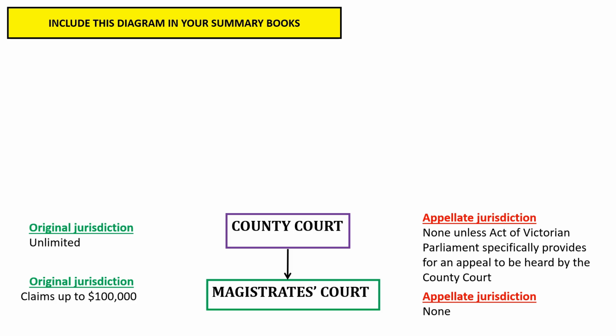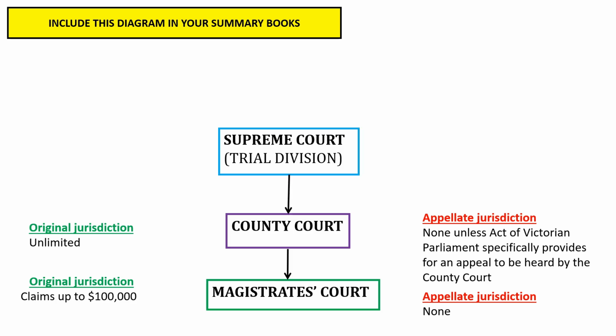We now come to the trial division of the Supreme Court. The original jurisdiction of the trial division in civil disputes is unlimited. That is, the trial division has the same original jurisdiction as the County Court in civil disputes, which is the jurisdiction to hear civil disputes of any amount.